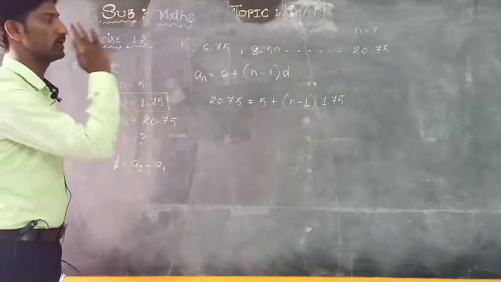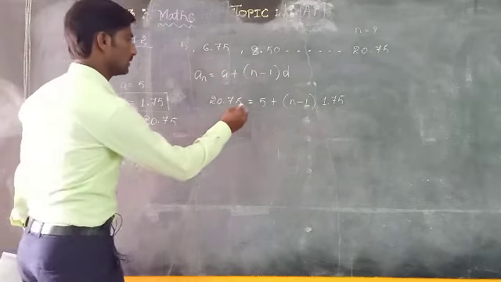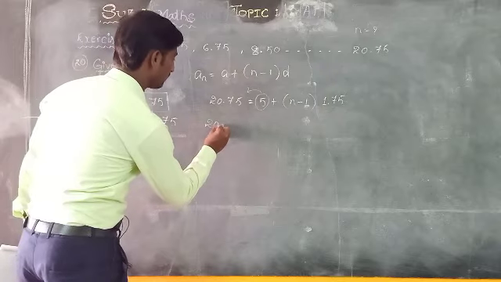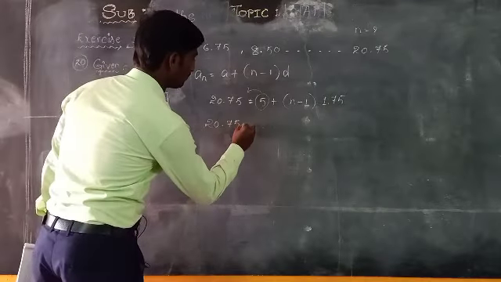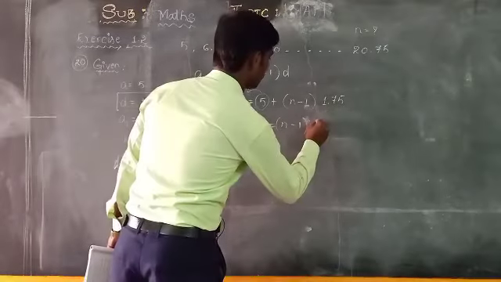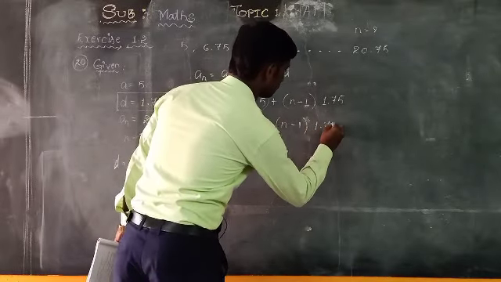In which week, we have to find out here. So according to the rule of transposition, plus 5 goes to this side: 20.75 minus 5 is equals to n minus 1 of 1.75.